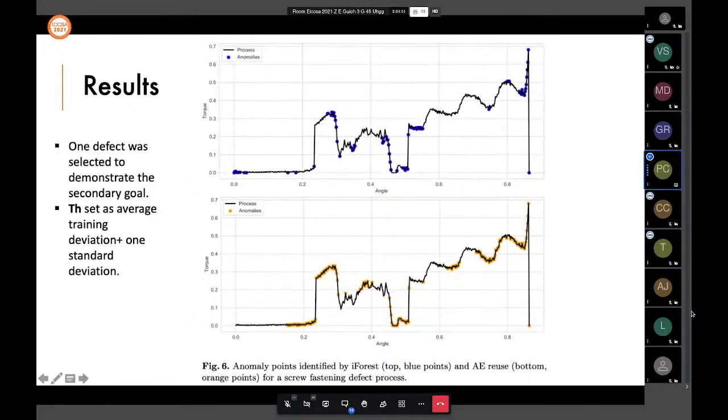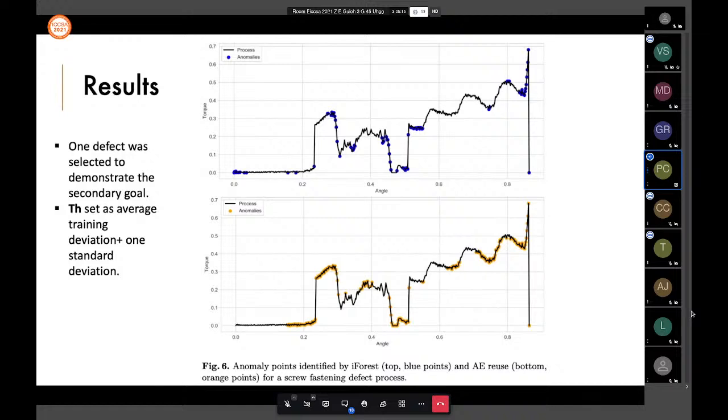As for the secondary goal, we selected for the same iteration one example that we knew was a failure, and we set a threshold as the average training error plus 1 standard deviation. So the value is different for the iForest and for the autoencoder.